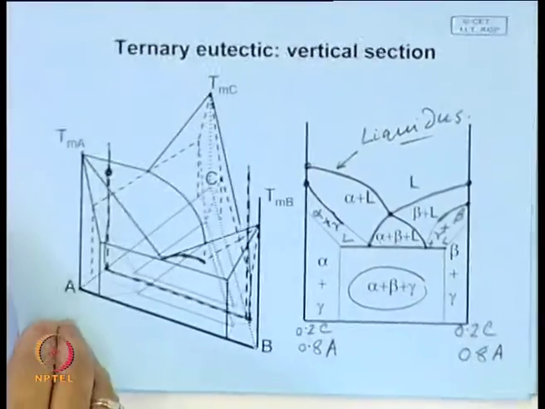But the problem comes: real systems are never just binary or ternary. Even for a simple alloy, you may have 3, 4, 5 alloying elements present.